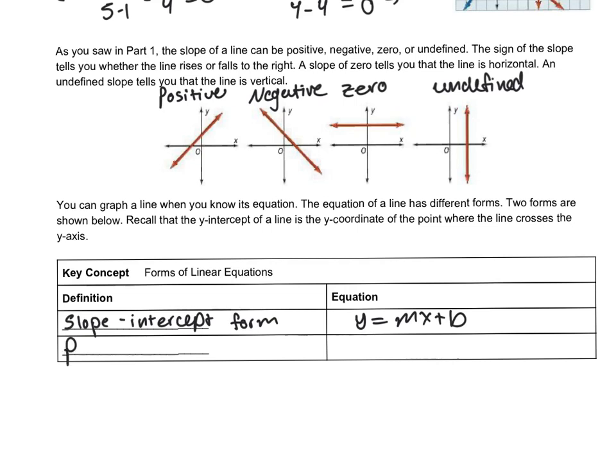And then the second one is the point-slope form, which is very similar, but instead of having a y value and a b, we have an ordered pair. So it's y minus y1 equals m times x minus x1, y1 and x1 being our ordered pair.